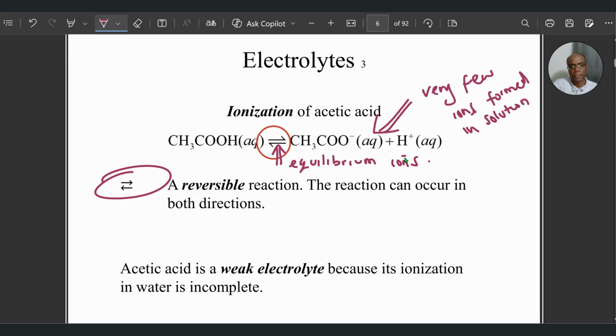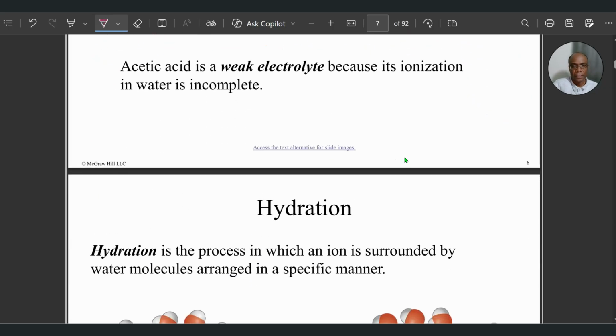And therefore, ethanoic acid is really a weak electrolyte. Acetic acid is a weak electrolyte because its ionization does not go to completion. It's incomplete. It's partially ionized in water.